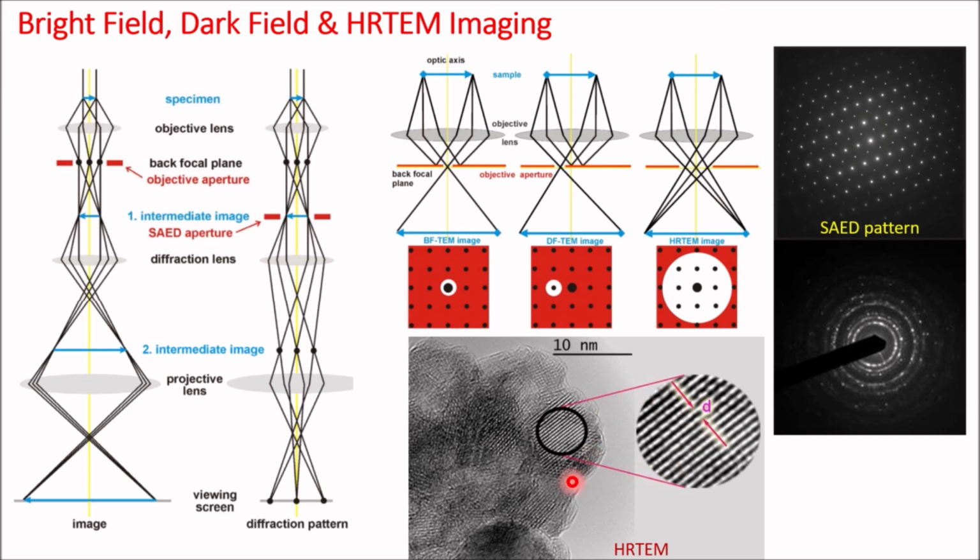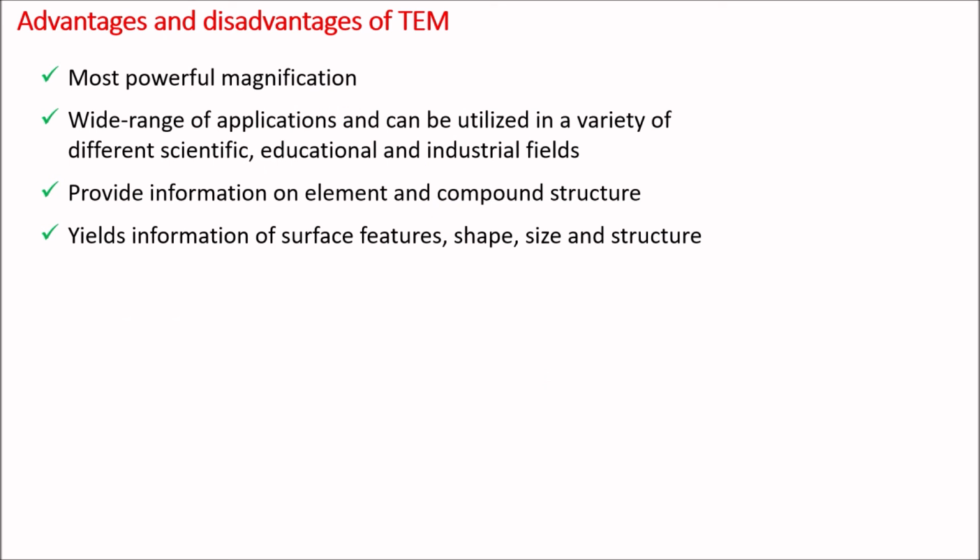It allows us to directly measure the interplanar spacing in the material. A TEM is a highly sophisticated instrument with a number of advantages, such as: TEM offers the most powerful magnification, potentially over 1 million times or more, and images are high quality and detailed.